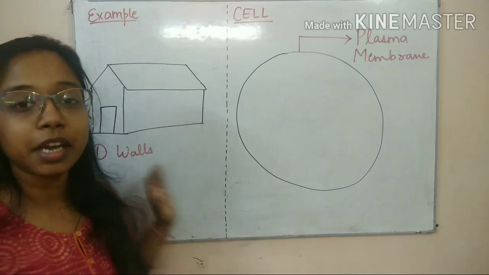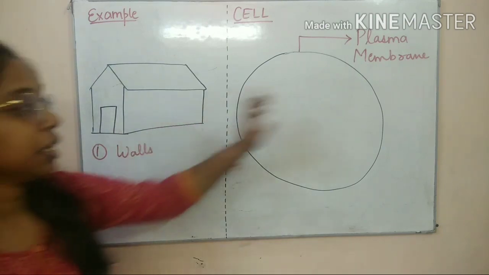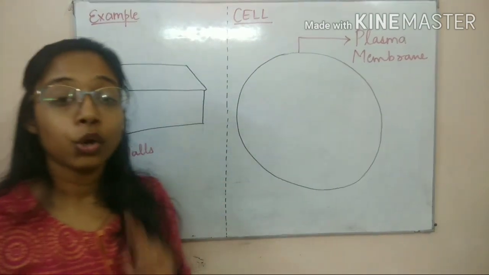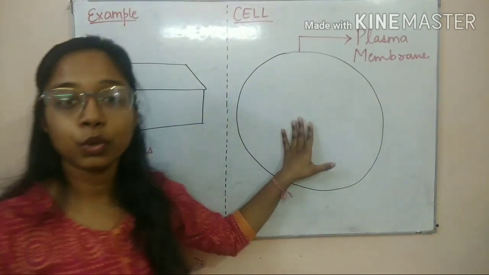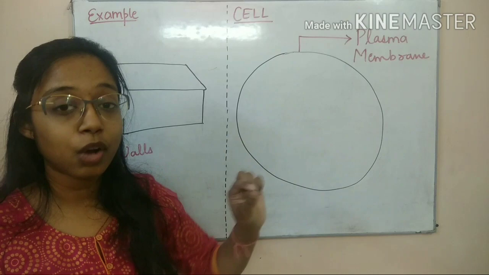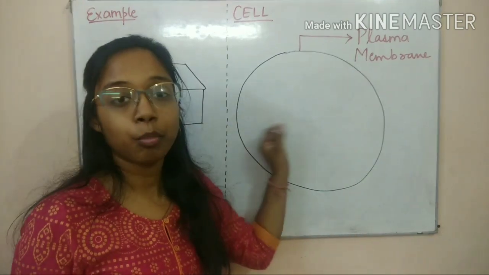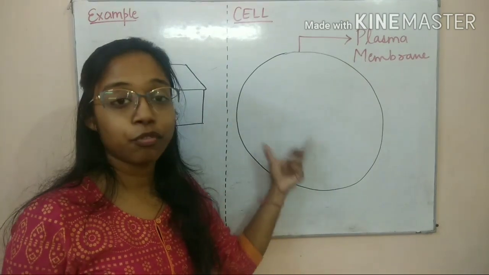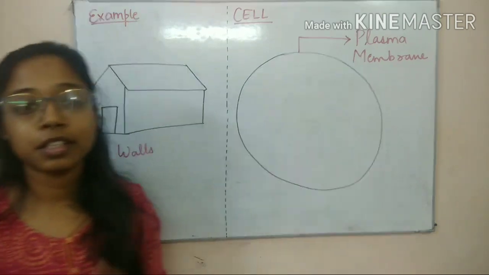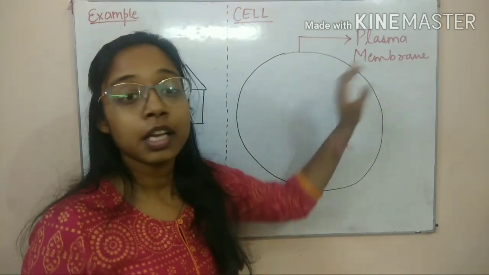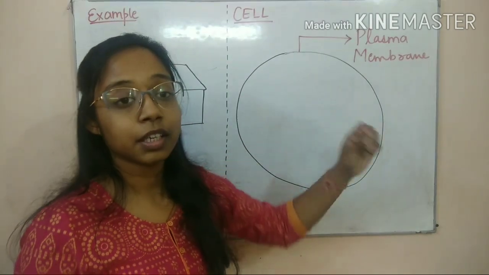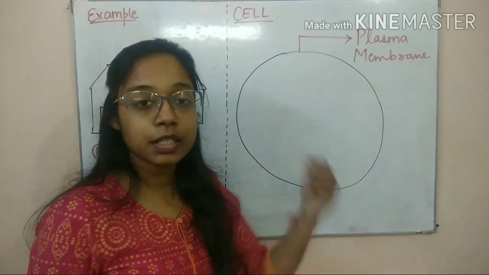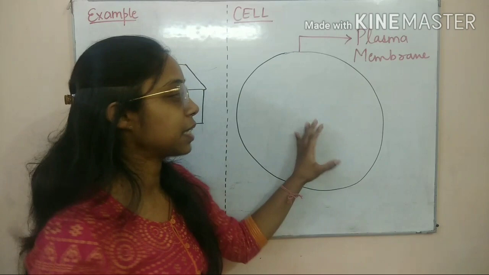Similarly, this plasma membrane does not allow any substance or molecule to enter it. It allows only specific molecules necessary for the cell to enter. So this is called a semi-permeable membrane. Its function is that it permits only certain specific molecules inside it.